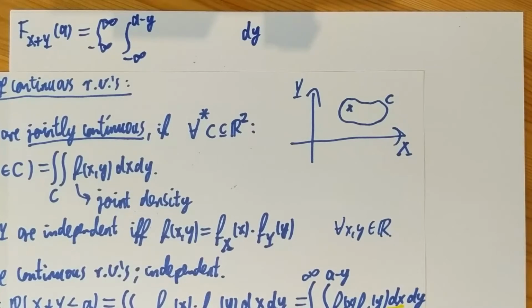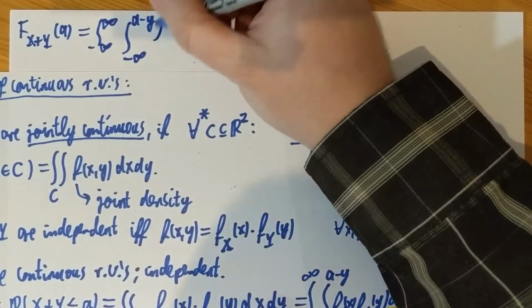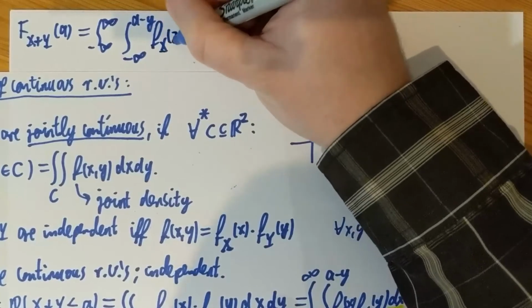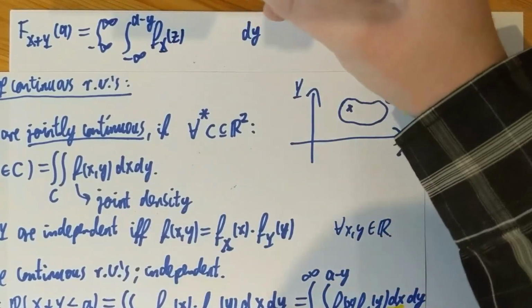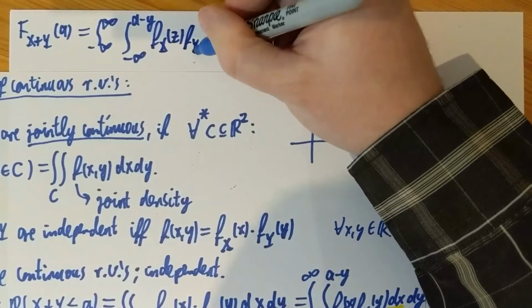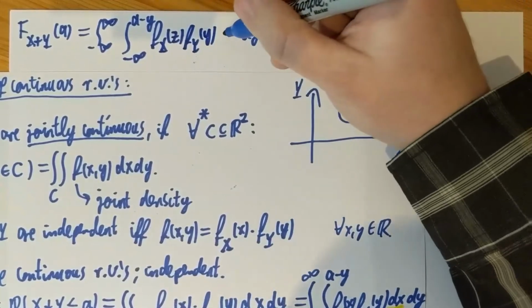One thing I want to do here, just to make it slightly nicer, is to change x into z. It doesn't matter, of course. I can replace the integration variable from x to z. Let's do that. And f_Y of y, and then dz.